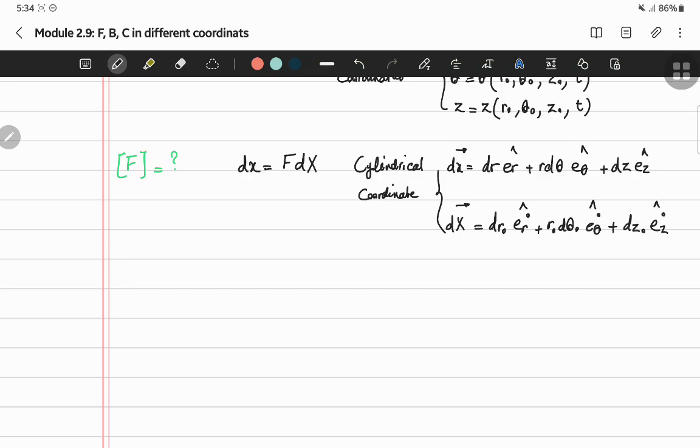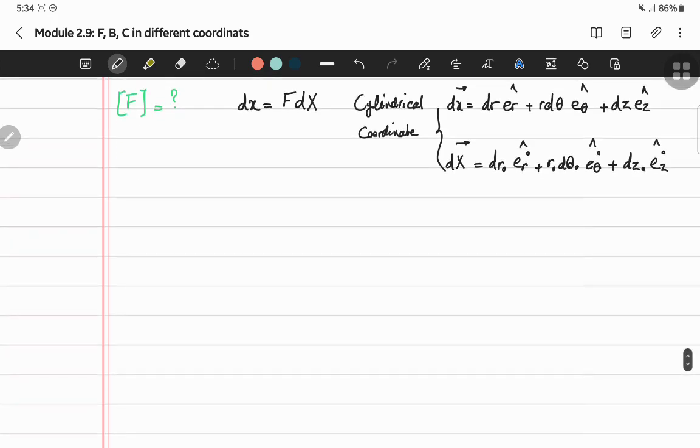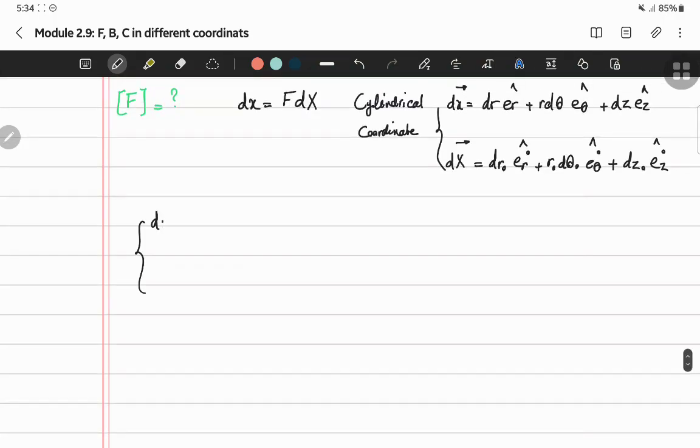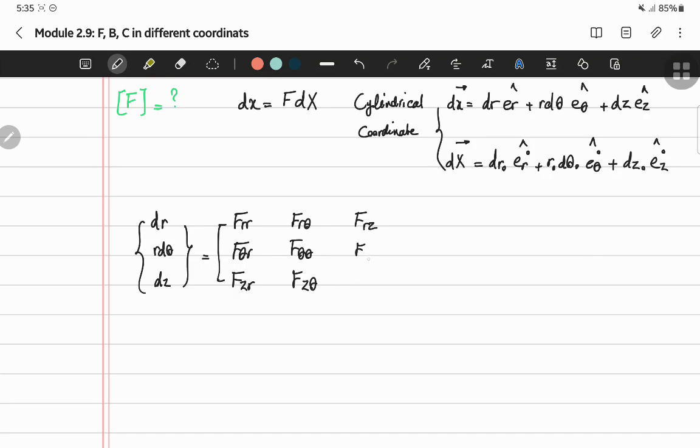All right, here we have these two vectors, and we have to find the corresponding F. So if I write dr, r d theta, and then we have dz, which is equal to this matrix with components F_rr, F_r theta, F_rz, F_theta r, F_theta theta, F_theta z, and F_zr, F_z theta, and F_zz.